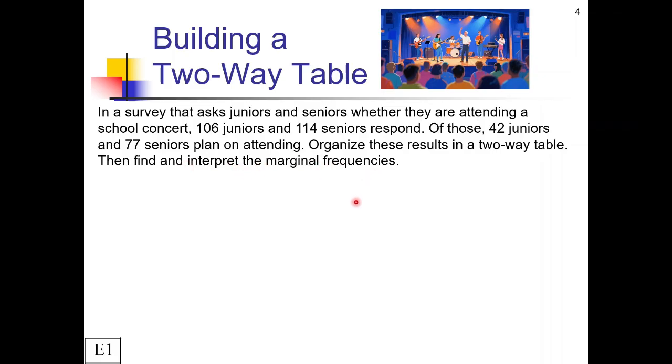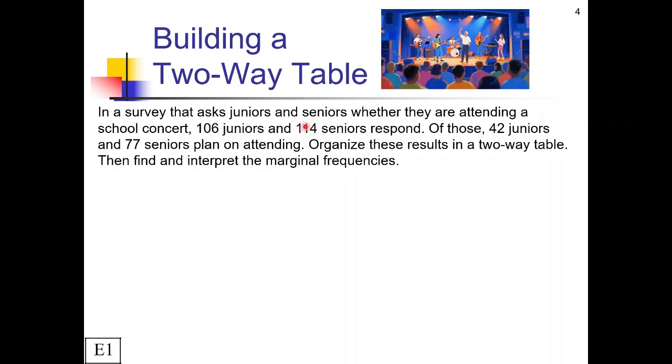So we're going to start off by building the skeleton of this table, just so we're all on the same page. We have really two categories of information. We have the age of the students, juniors versus seniors, so we'll make that maybe the rows. And the other category of information is whether they're going or not going, so we could make that the columns, or vice versa.